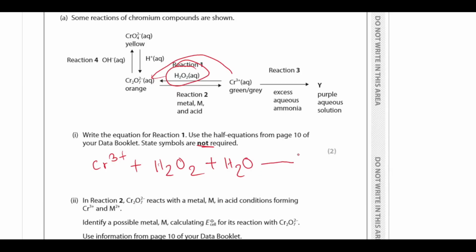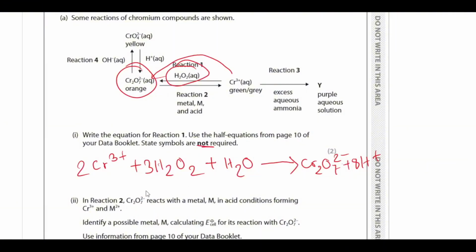So eventually what is produced is Cr2O7 2-, along with, of course, since I've added water, H+. Now we can just balance it out with 8 H+, and this will obviously be 3, and since there are 2 chromium, so 2 Cr3+. So this is how you balance the equation.